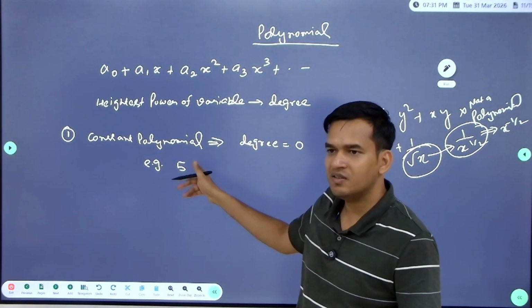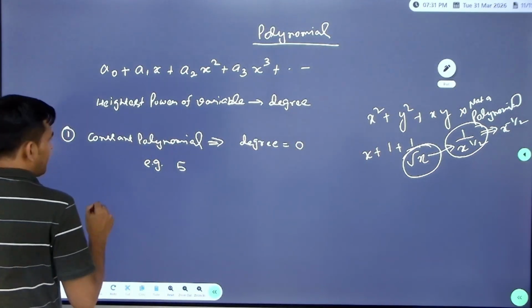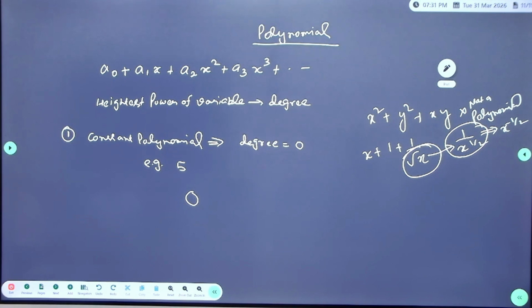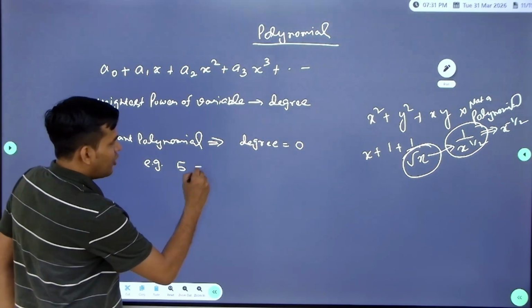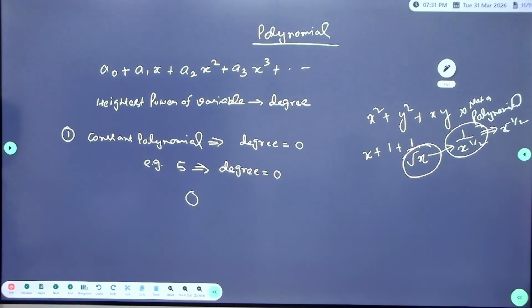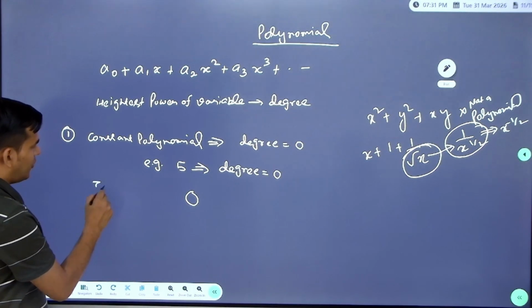The power of the variable is 0. Tell me this one, 0, is it a polynomial? Yes? No? Acha, the degree of a constant polynomial is 0. So the degree of 5 is 0. 0 is also a polynomial. This is known as the 0 polynomial.